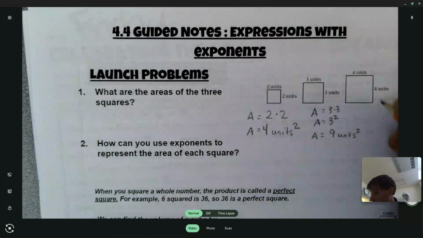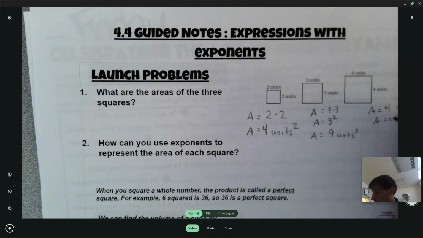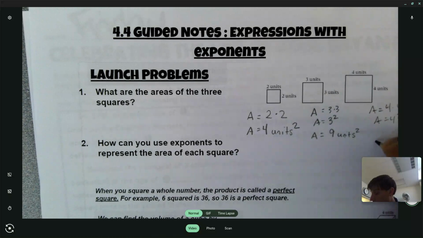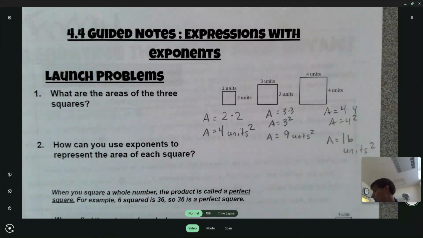And our last one is, again, same thing, 4 times 4, or in other words, 4 squared. So we get the area of 4 times 4 being 16, 16 units squared. So those are the 3 areas.